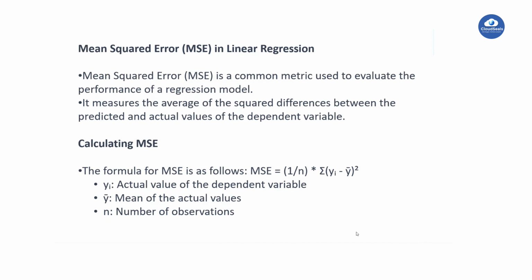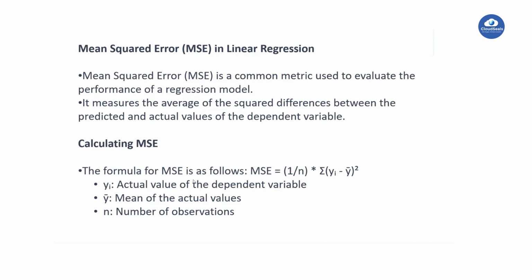So for testing purposes, we need the actual values available. So it is actual value minus predicted value, whole square. I already told you many times why we use squares: to avoid positive or negative values canceling, we use these squared values. So sigma of y actual minus predicted value, squared, divided by n.